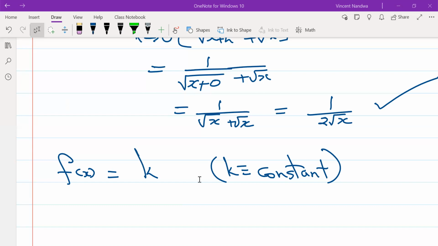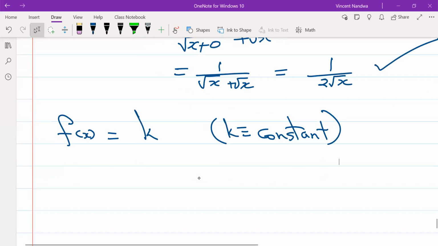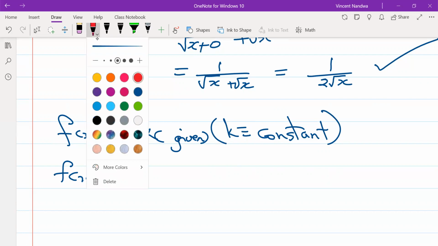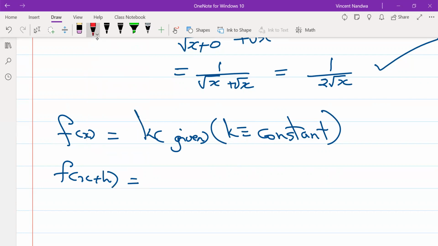Now, you're able to see my screen also. So f of x is already given. So what is f of x plus h?